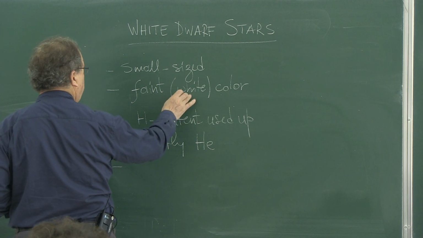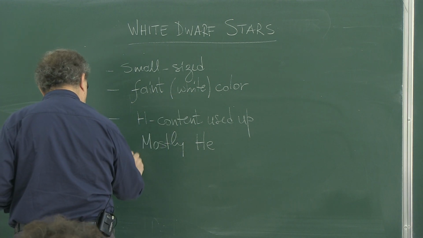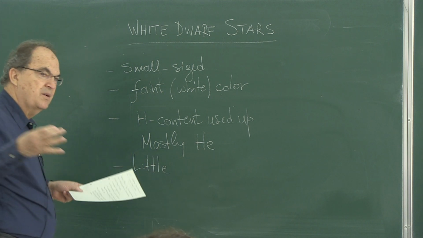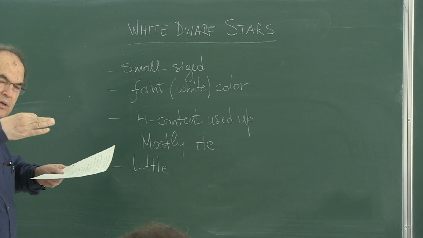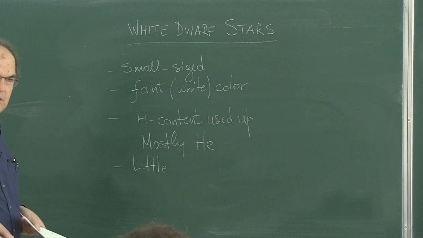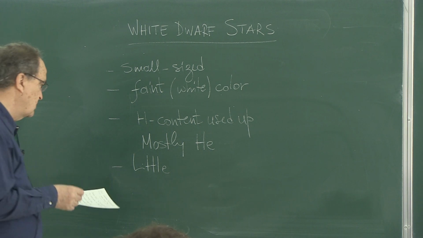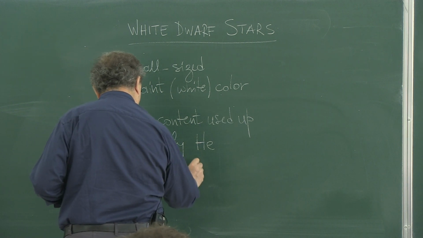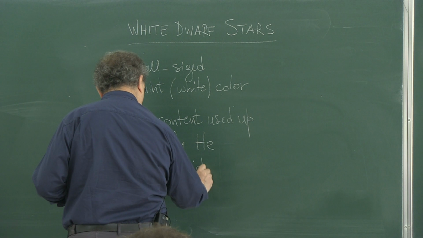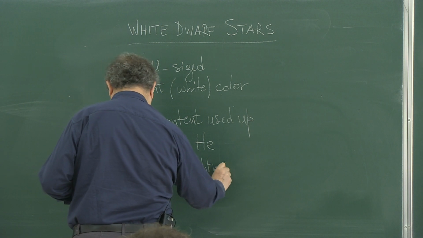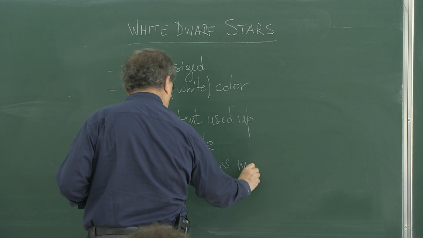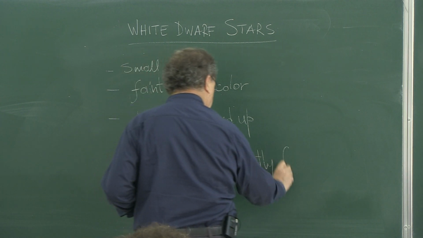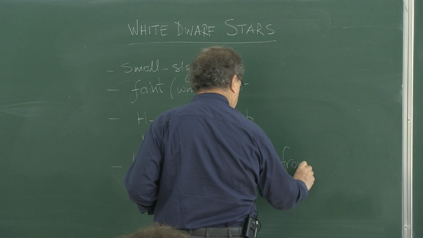This little brightness is coming from slow gravitational contraction of the star. Okay? It is mainly from gravitational contraction.